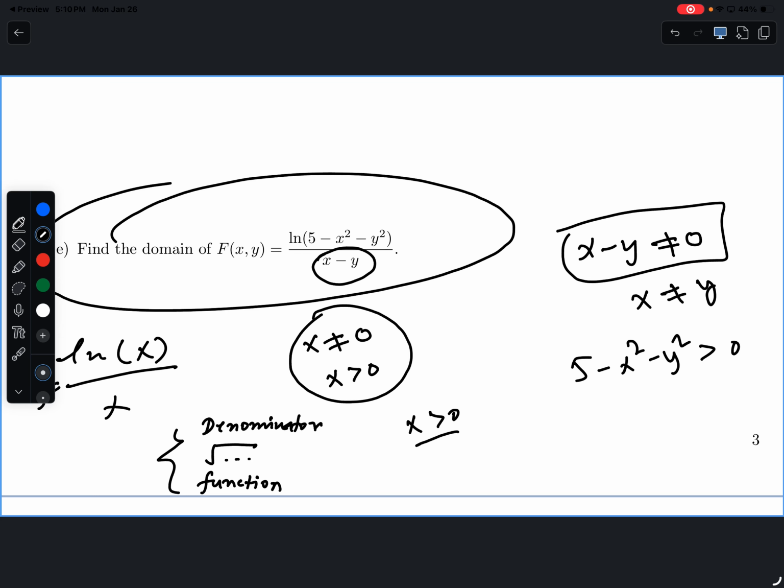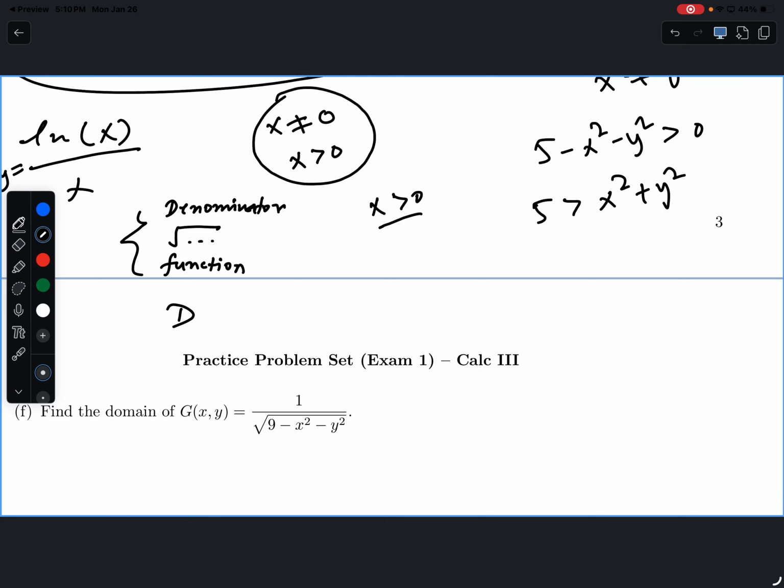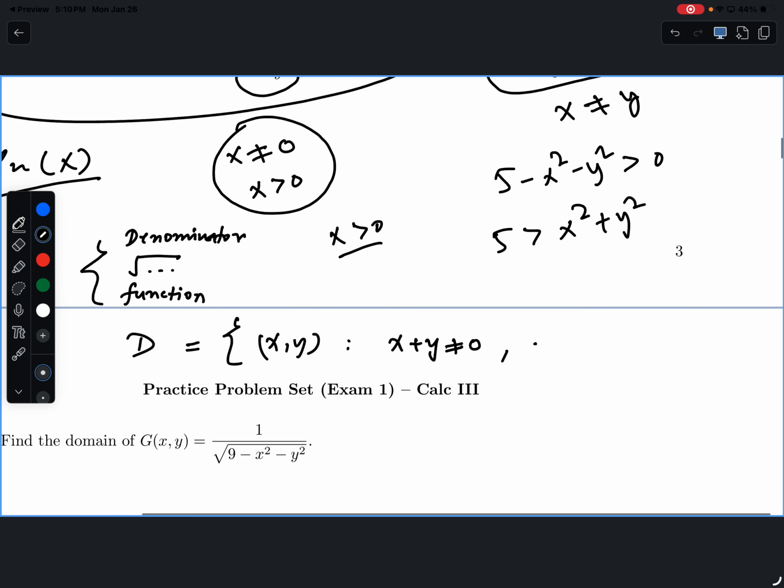It means x square plus y square is less than 5. Sometimes if we want to write the domain in a very simplified form, we say these are all the pairs x, y such that x plus y is not equal to 0, and x square plus y square is less than 5. So you can put all the values such that these two conditions are satisfied.